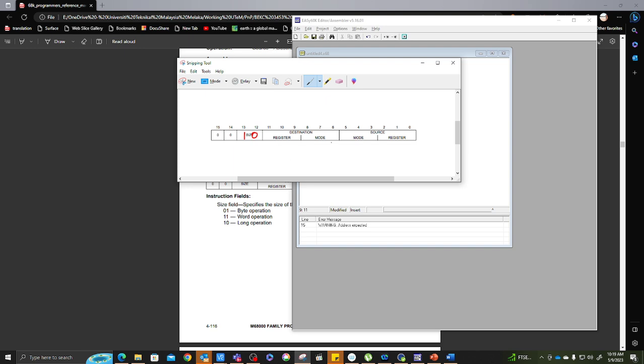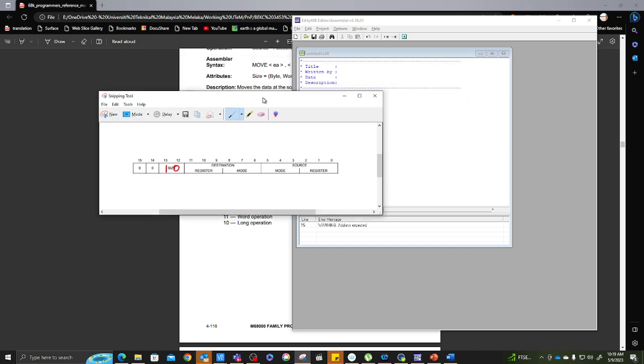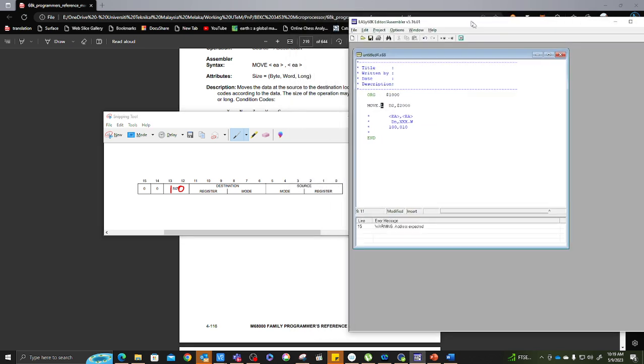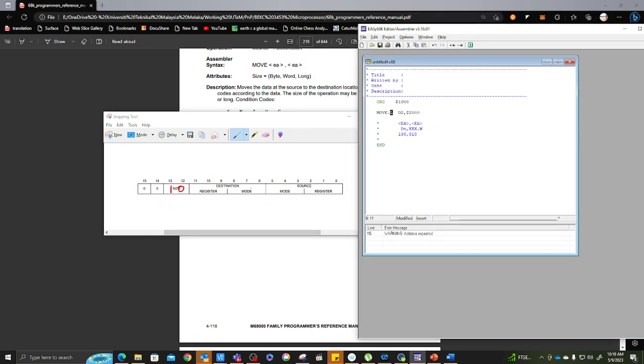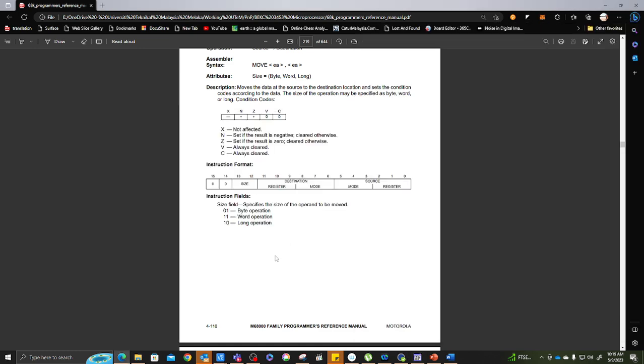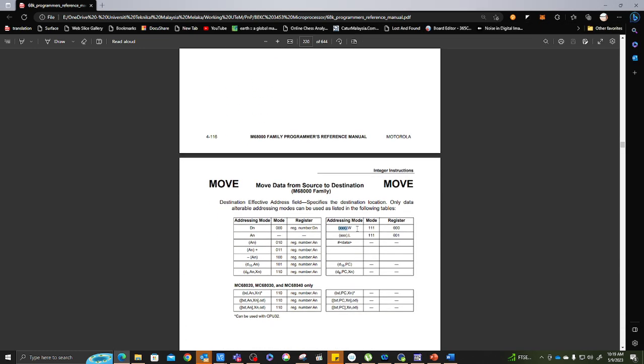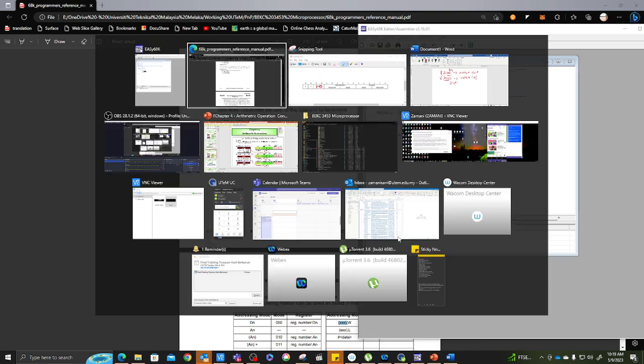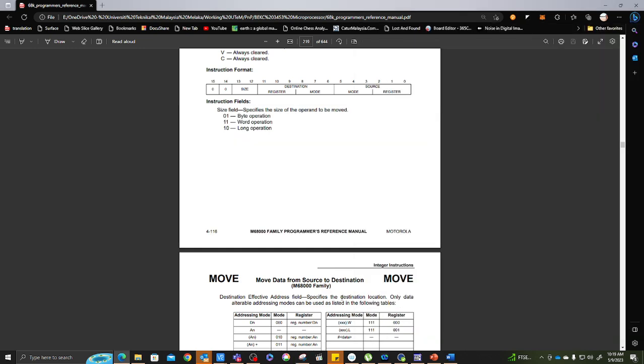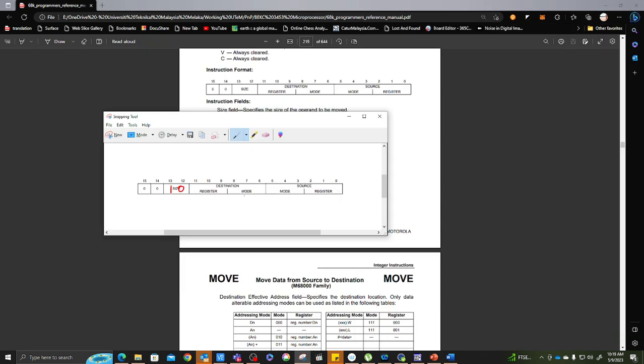And then you have the destination here for the register and mode, based on the effective address for destination. So this is absolute short. So you have to refer to the destination absolute short here. You have the mode 111, and the register is 000.